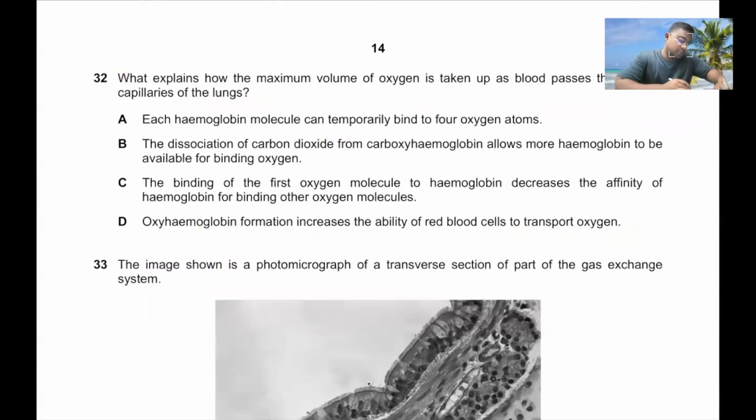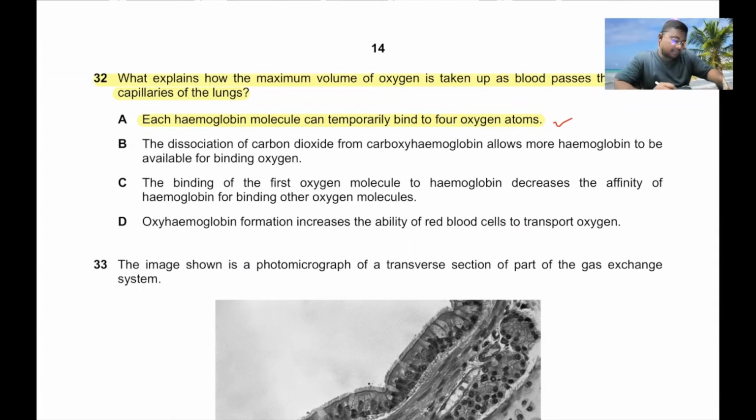Question number 32. What explains how the maximum volume of oxygen is taken up as blood passes through the capillaries of the lungs? Each hemoglobin molecule can temporarily bind to 4 oxygen atoms. Probably, but why would that? Okay. How is the maximum volume of oxygen taken up through the capillaries of the lungs?